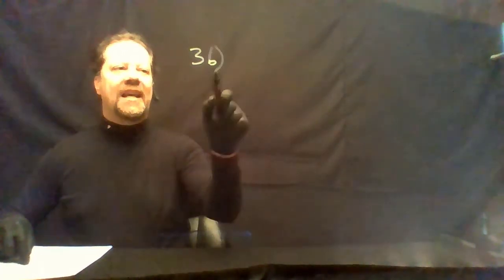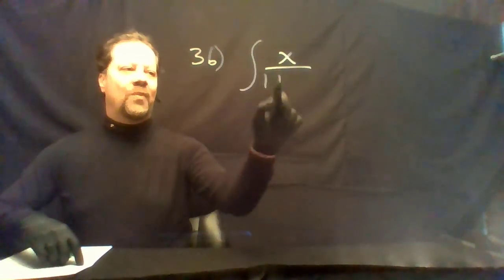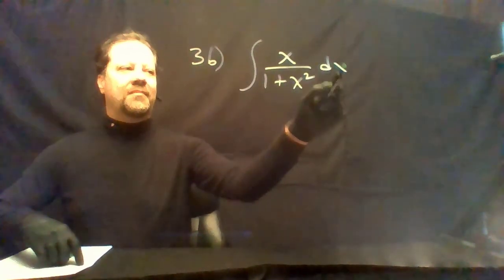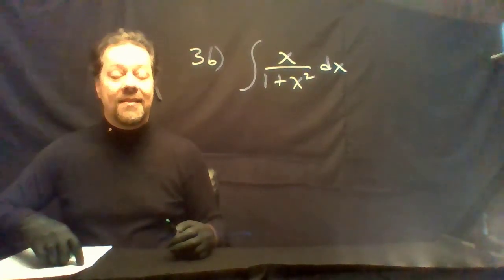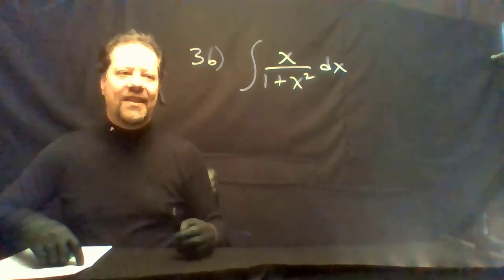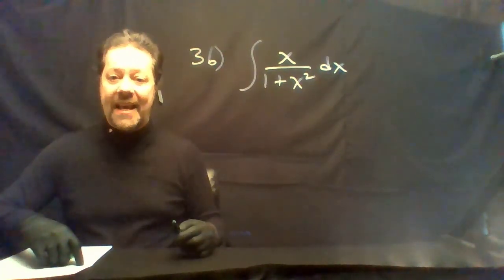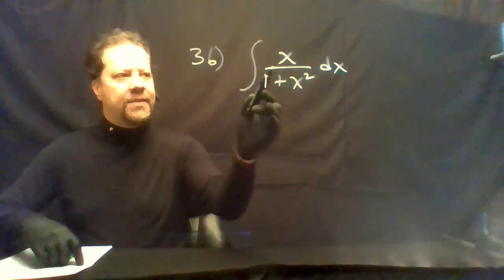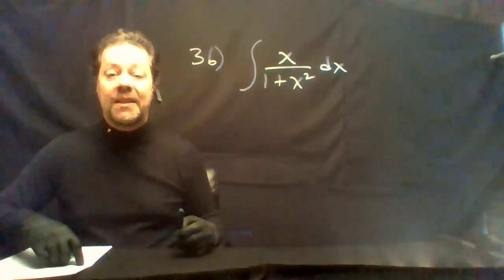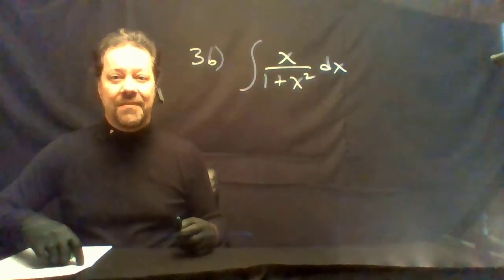On problem 3b, x over 1 plus x squared. This is not the one. And the reason I juxtaposed this next to the one I gave you in part A is I wanted you to see that very small variations in a problem lead to big differences in the answers.